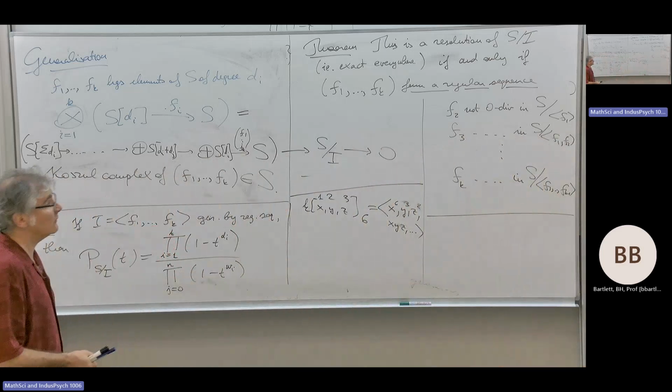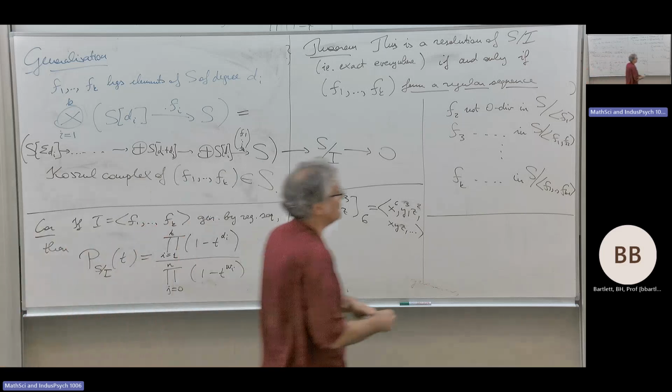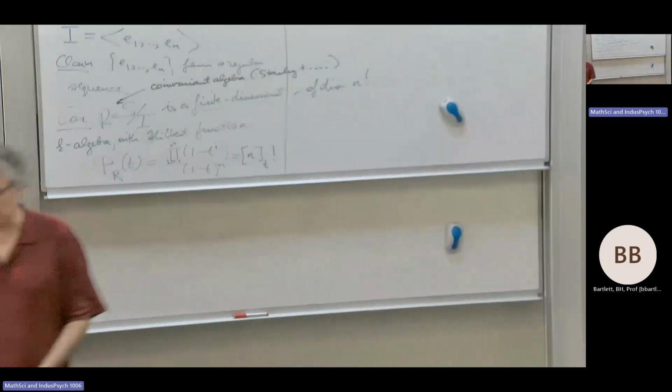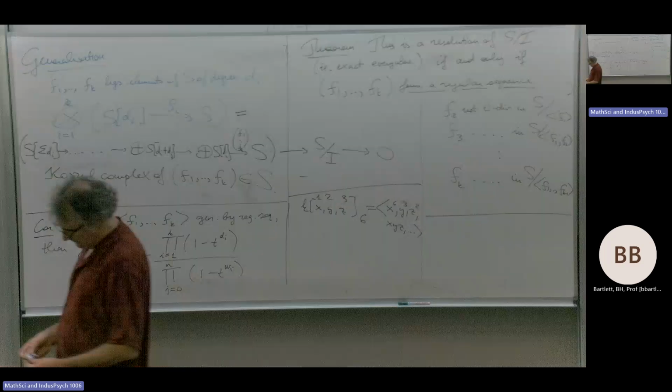This is called the Coinvariant algebra, and this was studied by Stanley, Lusztig, and lots of people. So that's just one example.